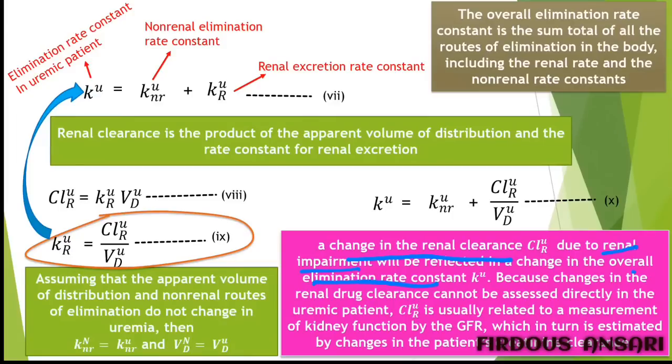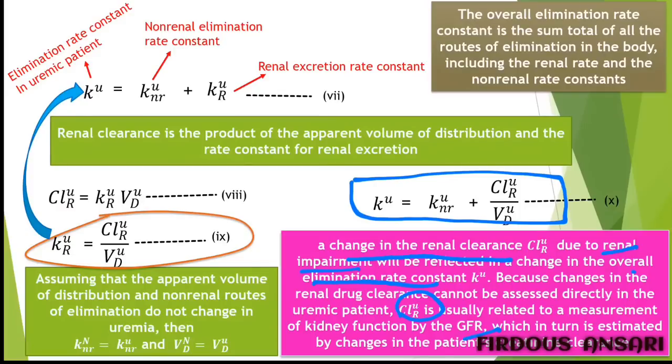So basically what we are doing, we are measuring the glomerular filtration rate with the help of creatinine clearance, and from GFR we get knowledge about the renal clearance in uremic patients. With the help of this we can calculate the dosing either this way, that is the elimination rate constant method, or by another method, that is the drug clearance method.